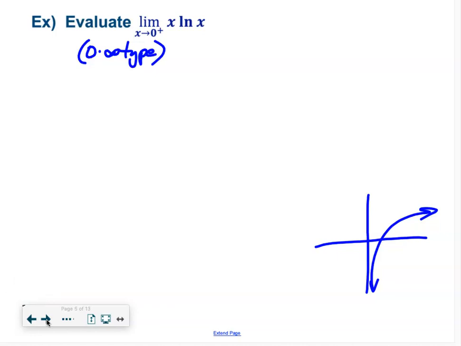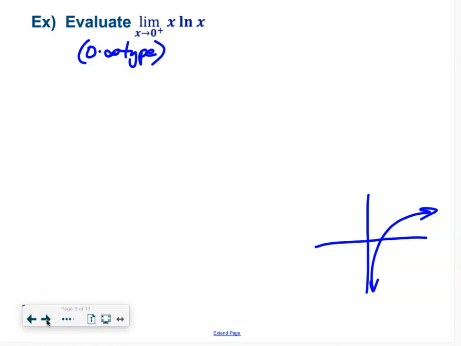Whenever you have 0 times infinity, something has to go to the bottom. If you put something to the bottom, that will force it to become either 0 over 0 or infinity over infinity, depending on which thing you put to the bottom. And it really doesn't matter. You'll get the right answer either way. Personally, in this problem, the easier thing for me to drop to the bottom would be the x.